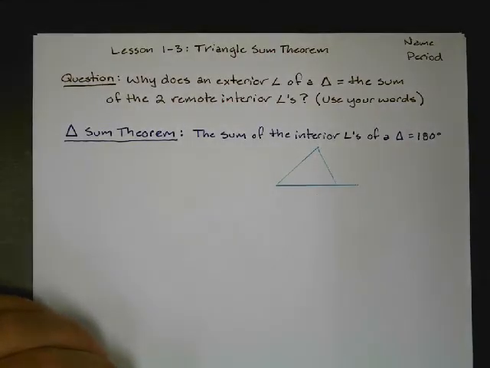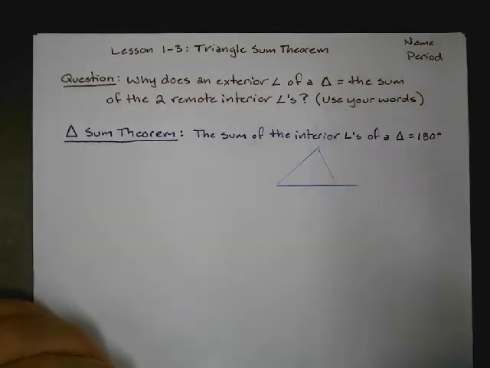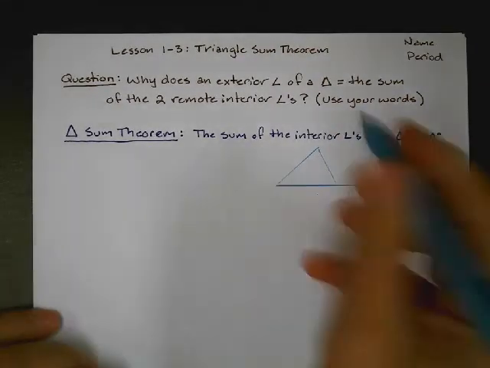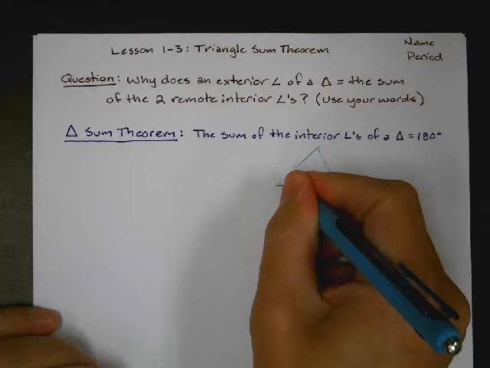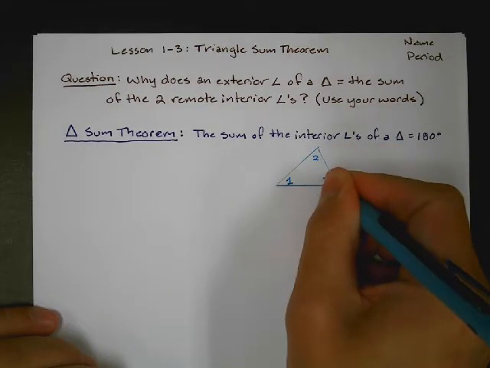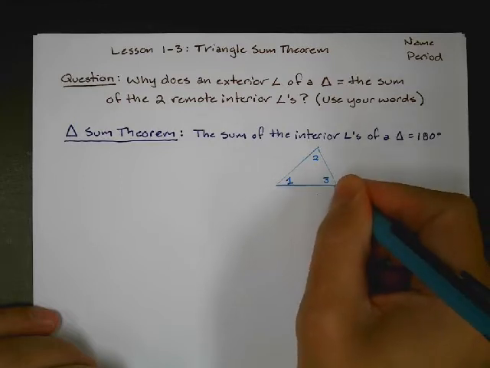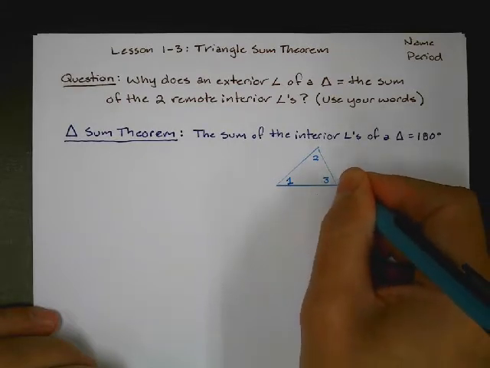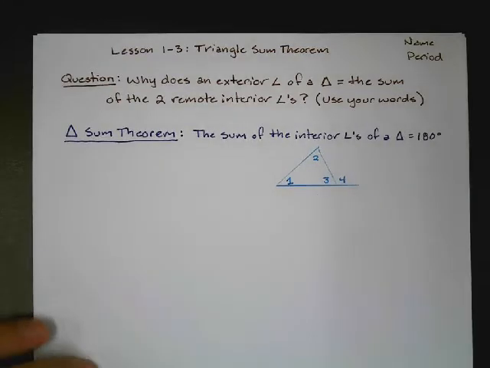My pen's running out of ink again. Why does it always do this to me? Okay, there we go. So, you can see that good enough. All right, so this is going to be angle 1 inside of our triangle. This will be angle 2. This will be angle 3. And then this side out here, you see how this kept on going? This one is a different type of angle.